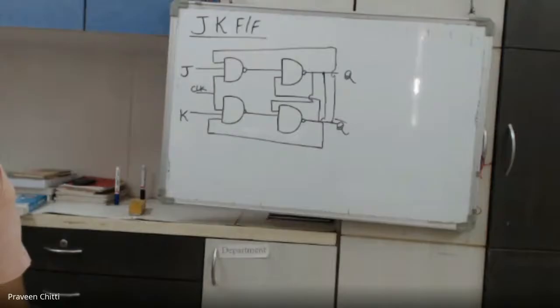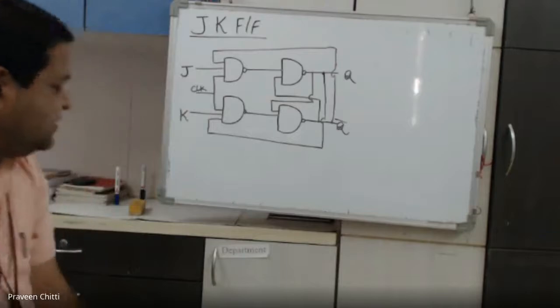And output of Q bar, we have to add to the upper NAND gate. So this feedback arrangement we have to make to eliminate that 1-1 condition which was there in the SR flip-flop, that is the forbidden condition.